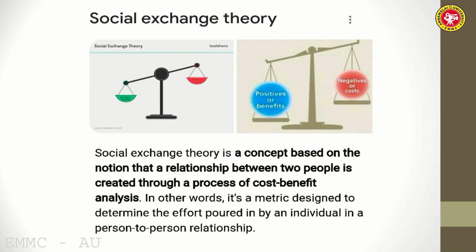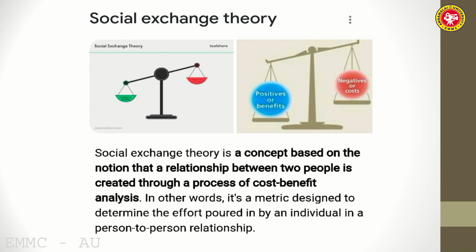Then social exchange theory. It is an important theory in sociology. In every society, people interact with one another because one gives and another takes. This theory is based on this idea.